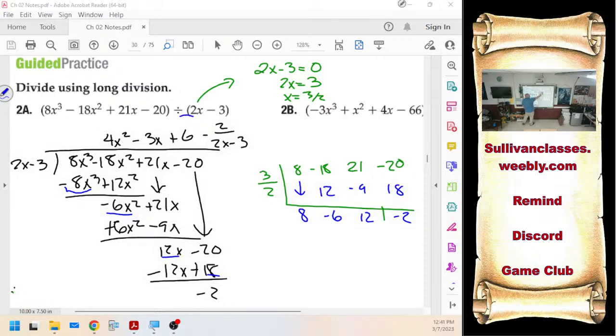When I did this, right here at this stage, I divided by 2, right? If I divided by 2, I am no longer dividing this by 2x minus 3. I'm dividing by 2x minus 3 halves. Because didn't I put a 3 halves there?